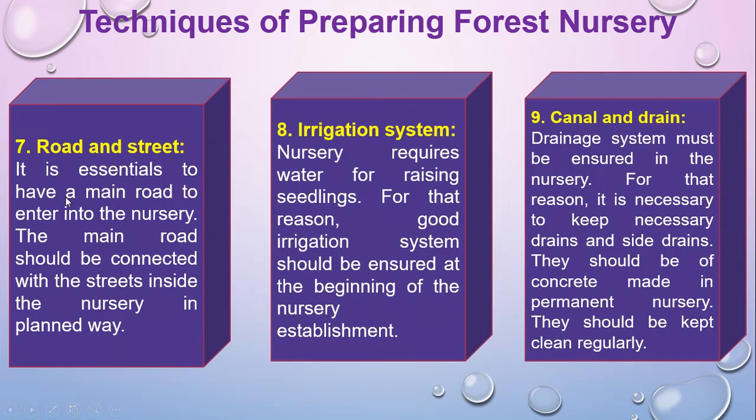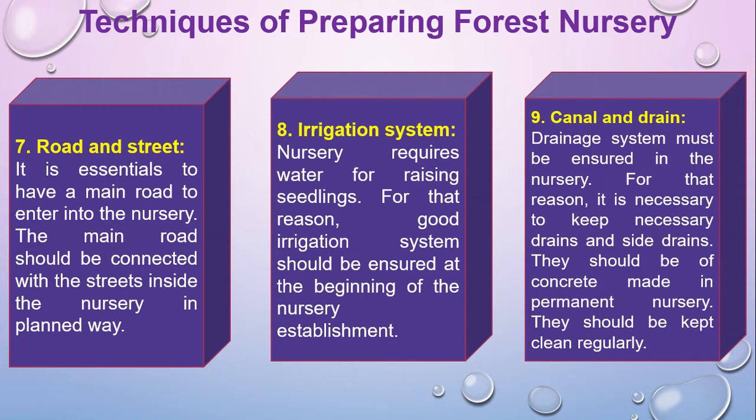Next point is road and street. It is essential to have a main road to enter into the nursery. That means the main road should be connected with the street inside the nursery in a planned way. From the main road you have to make one way connected to the nursery, and from that entrance, make sure there is a main entrance.